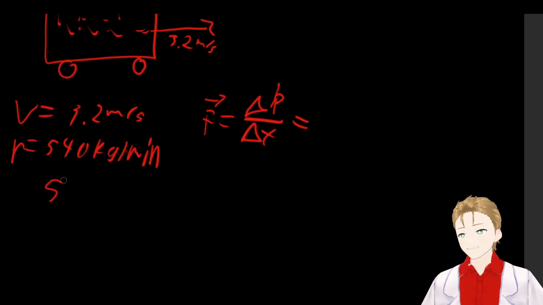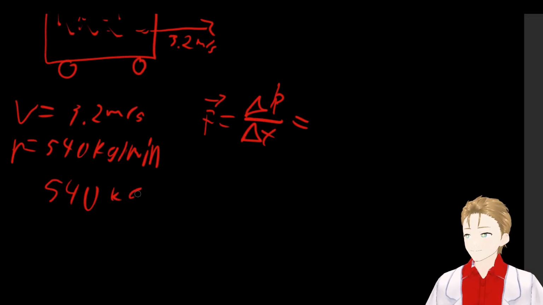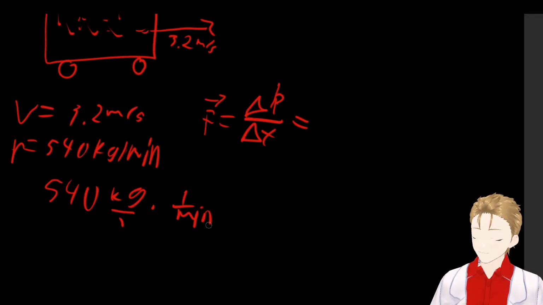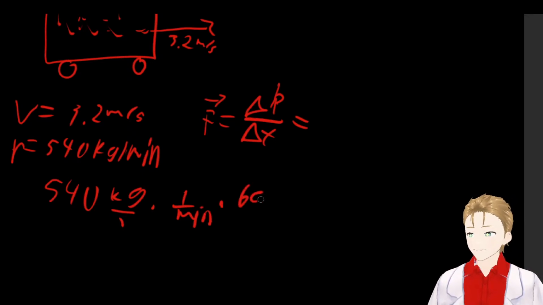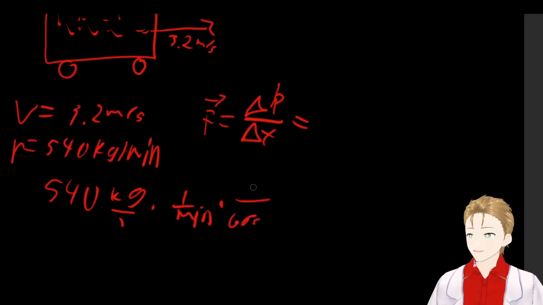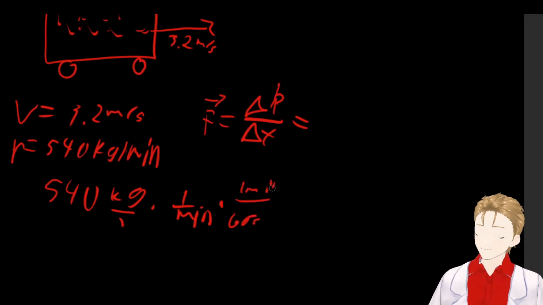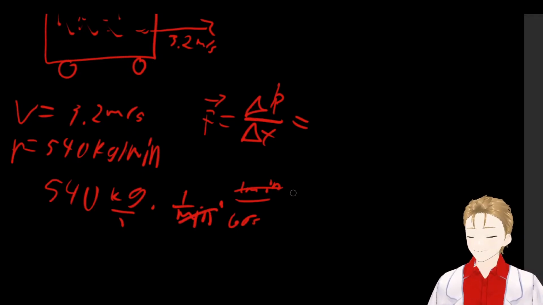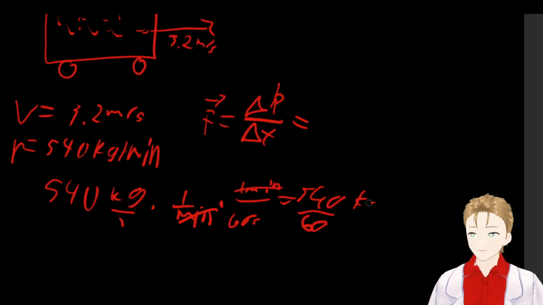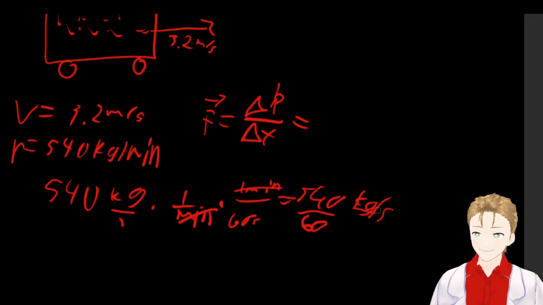Well, how about we make 540 kilograms times 1 over a minute times 60 seconds over 1. No, it's actually the other way around. X over 1 minute, the minutes cancel. 540 divided by 60 kilograms per second.